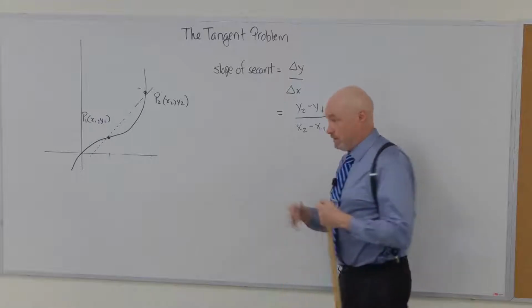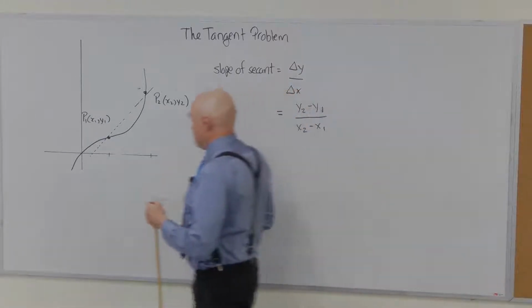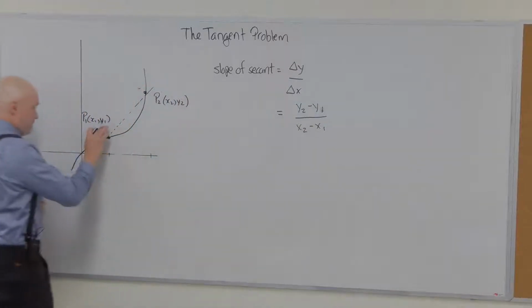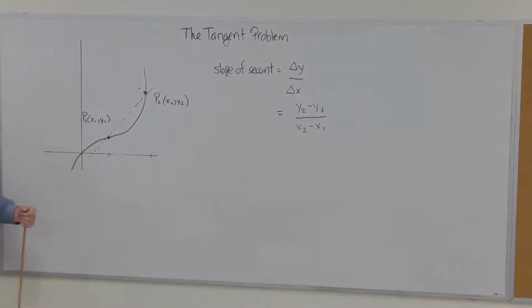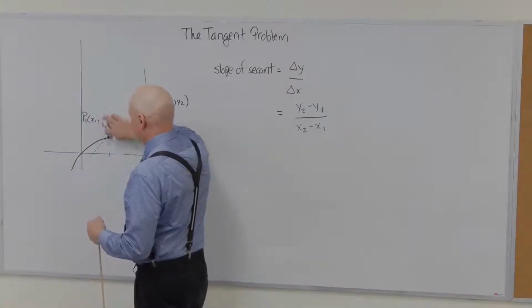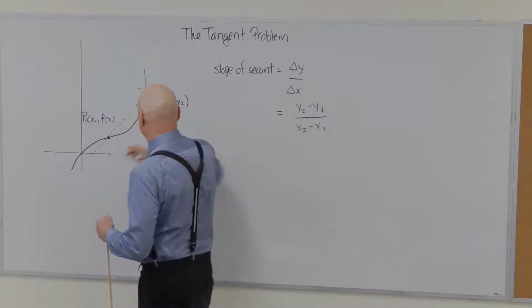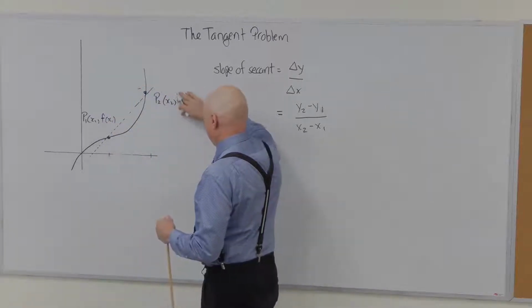Okay, now we're going to add another layer of symbols to this. So we're actually going to show y2 being calculated as a function of x. So we're going to call this f at x1, and we're going to call this f at x2.